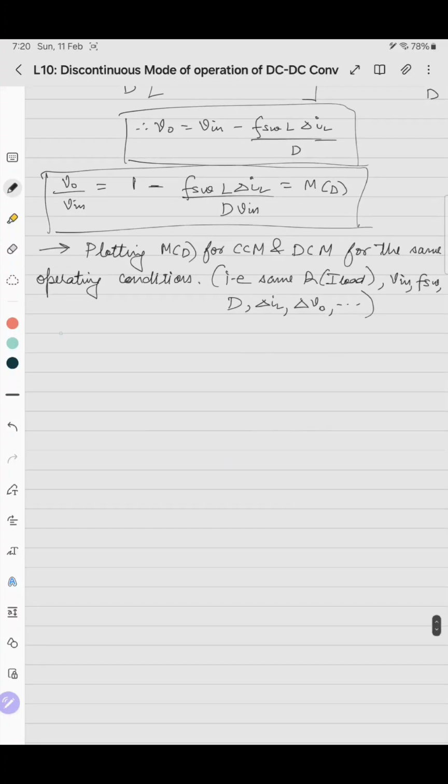So if we plot, this is D and this is M of D. So this is 1, this is 1.50. Y equals mx, so it will be the same.